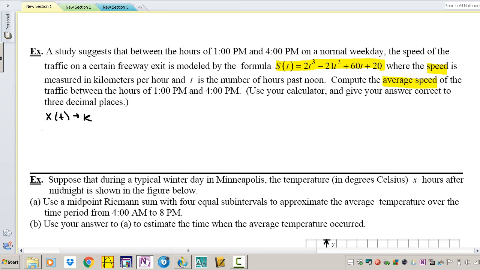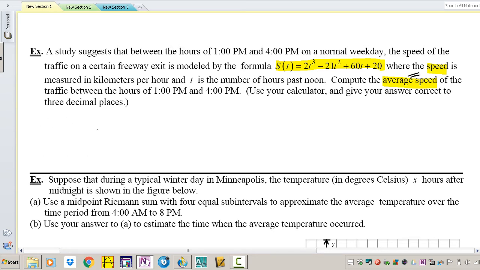Taking the derivative of the position function gives me a velocity function, which is going to be kilometers per hour. Let's pretend that time is in hours. Taking the derivative of velocity gives me acceleration, which is kilometers per hour squared. But how do you find average speed given speed?